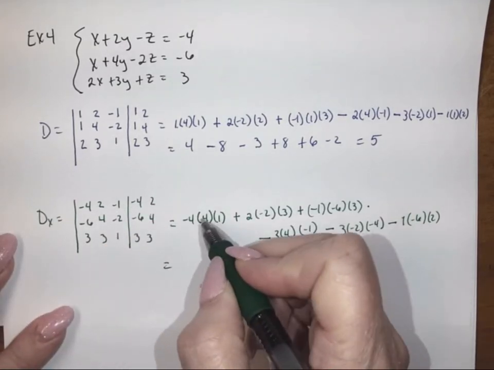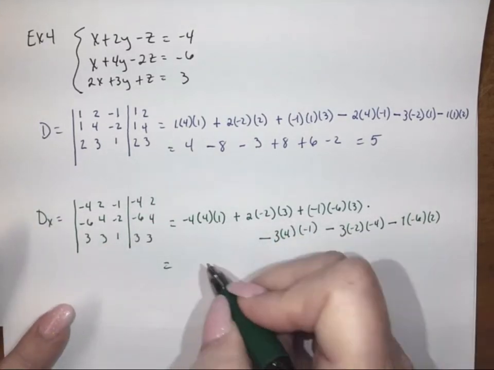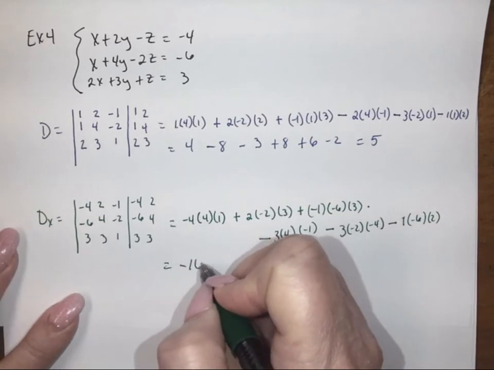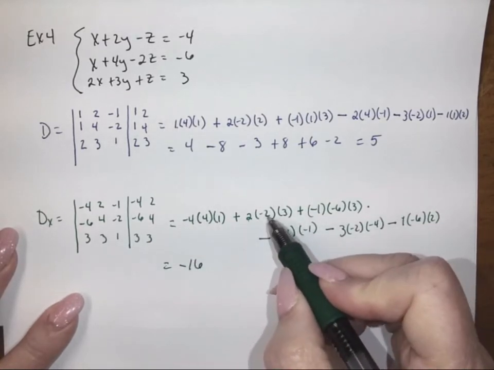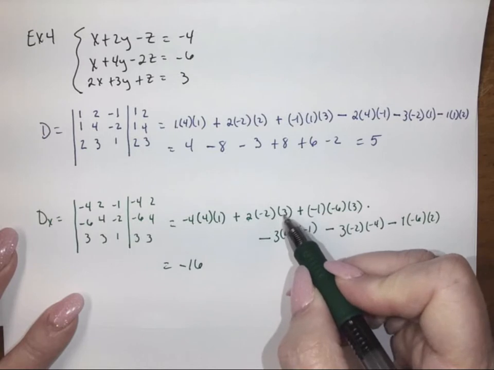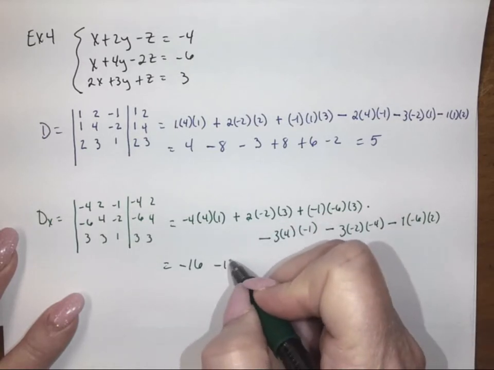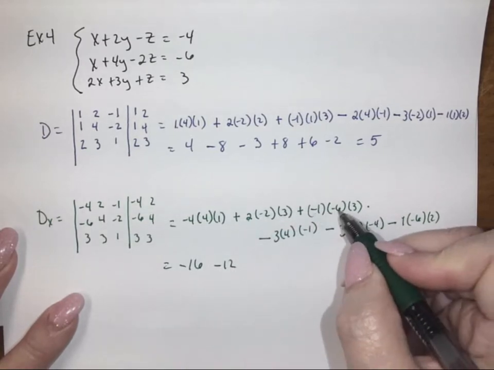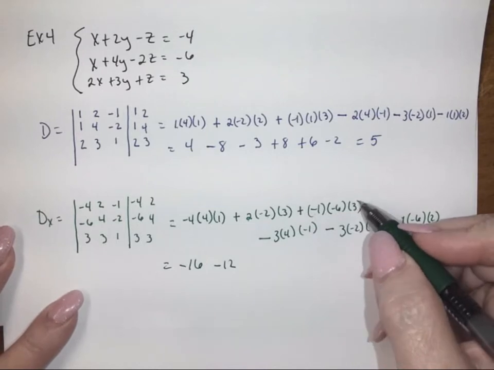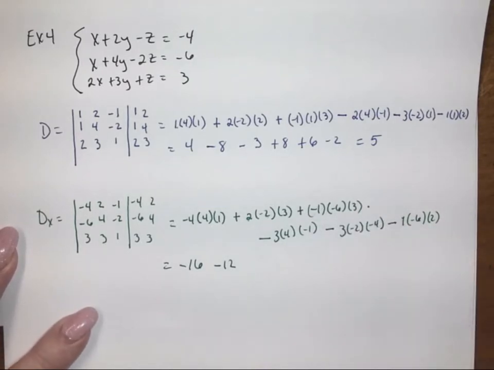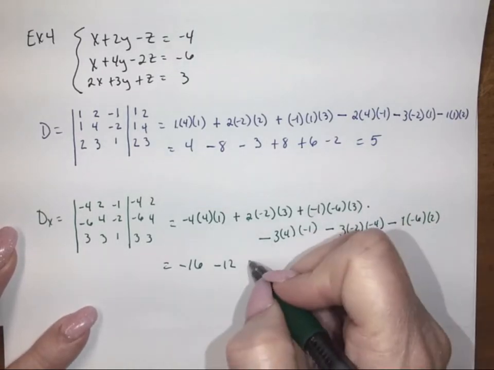All right, so negative 4 times 1 will get us negative 16. 2 times negative 2 times 3 will get us negative 12. Negative 1 times negative 6 times 3 will get us positive 18.